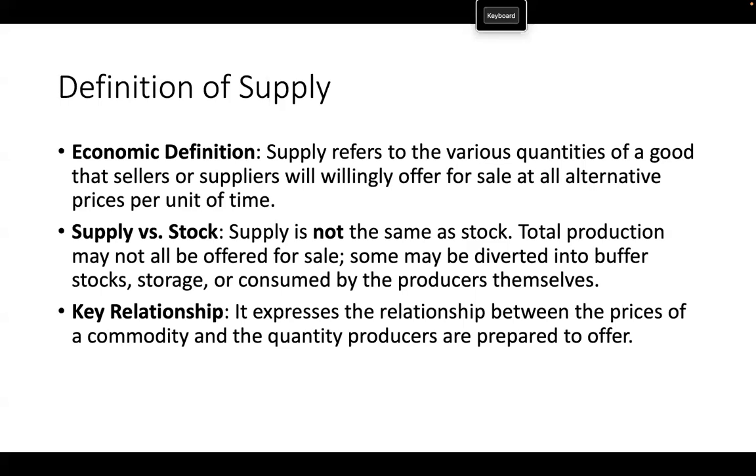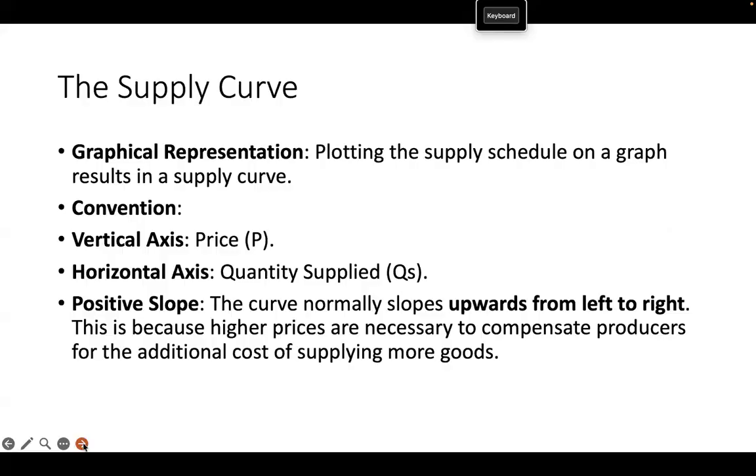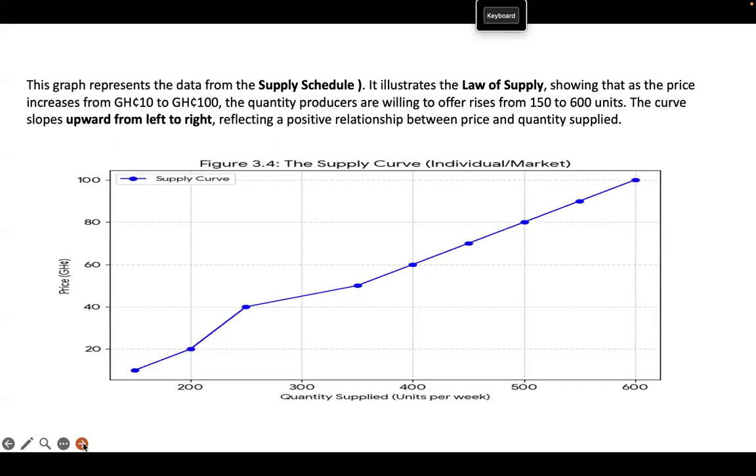I have another follow-up question about supply. For your explanation and the graph that is showing now, it means the supply curve moves upward instead of downwards, right?